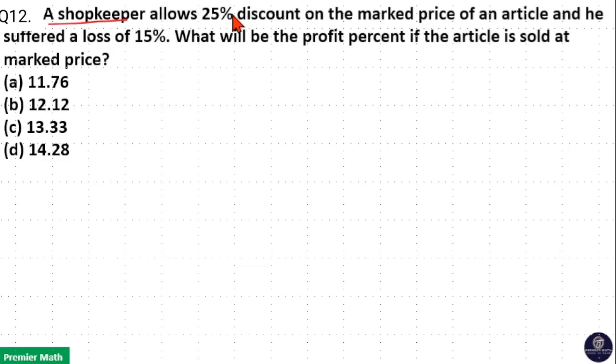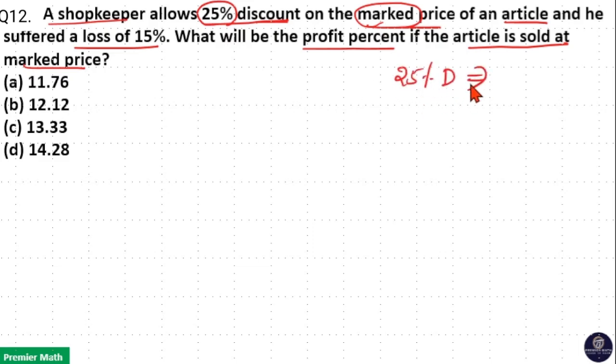A shopkeeper allows 25% discount on the marked price of an article and suffered a loss of 15%. What will be the profit percentage if the article is sold at marked price? Here 25% discount is on the marked price, which means 25% discount on the marked price means if 100 rupees is the marked price, 100 minus 25, 75 rupees is the selling price.